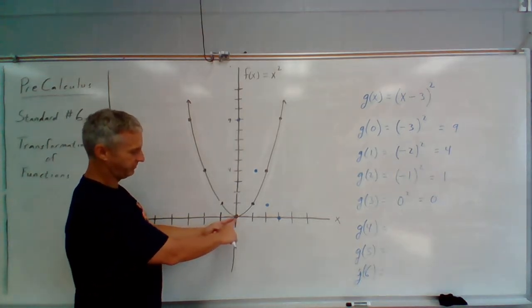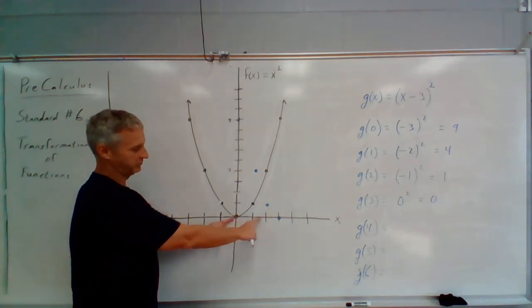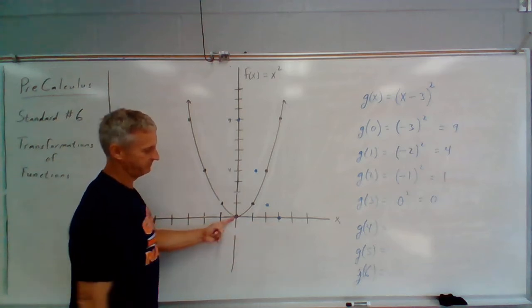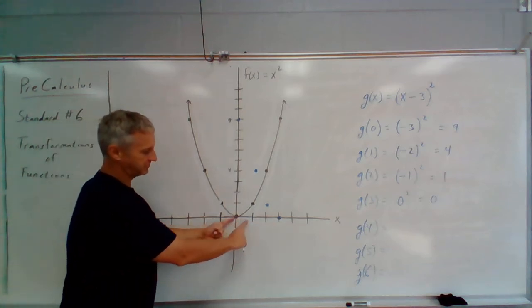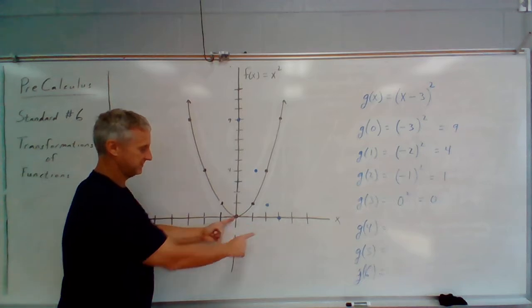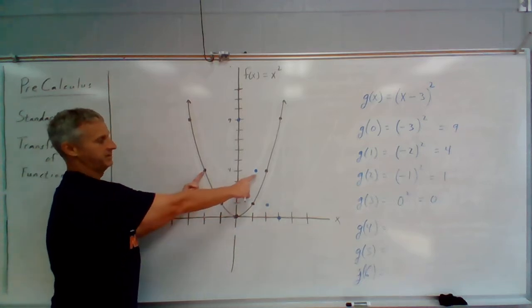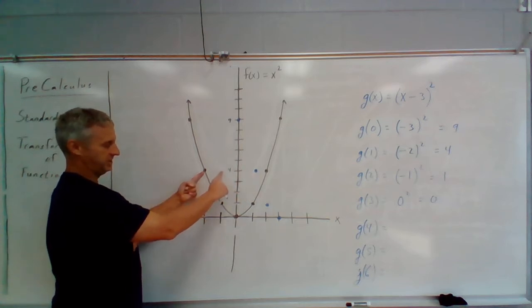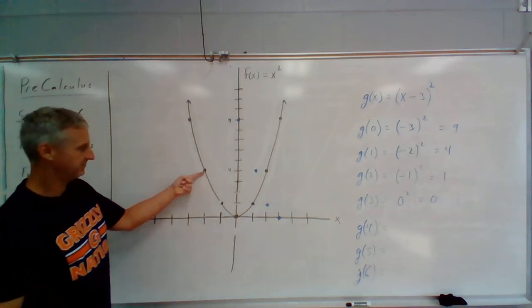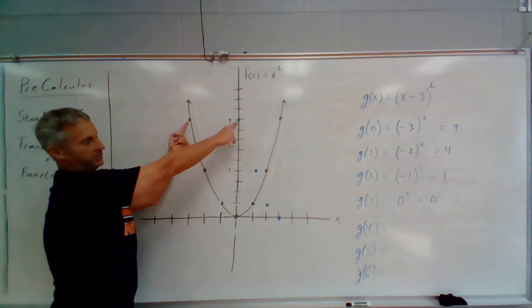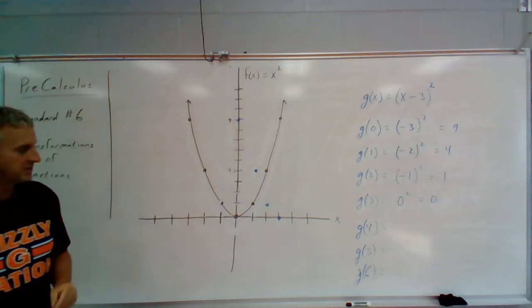So this point, for plugging 0 into the black function, corresponds with this point. Notice that I shifted it to the right 3 spots. These points corresponded. I shifted it to the right 3. These points corresponded. I shifted it right 3 spaces. These points corresponded. I shifted this point right 3 spaces.